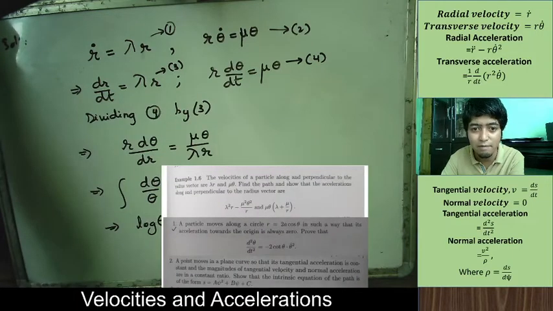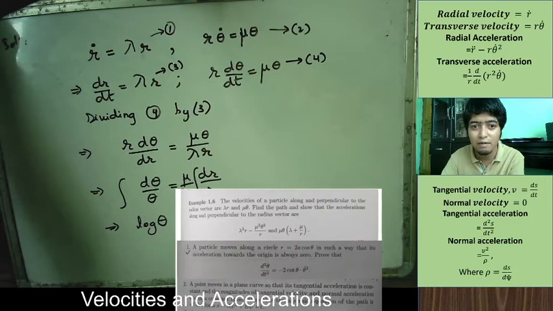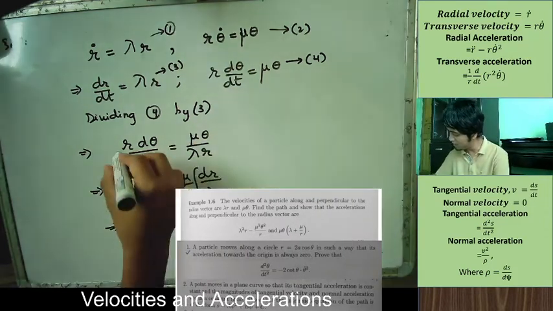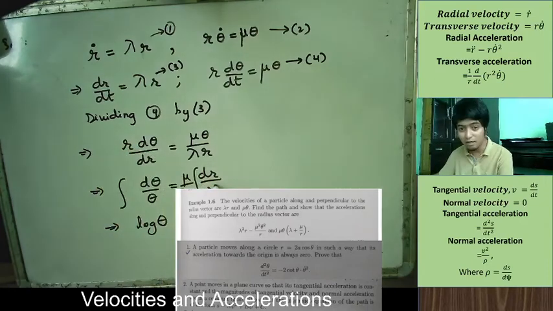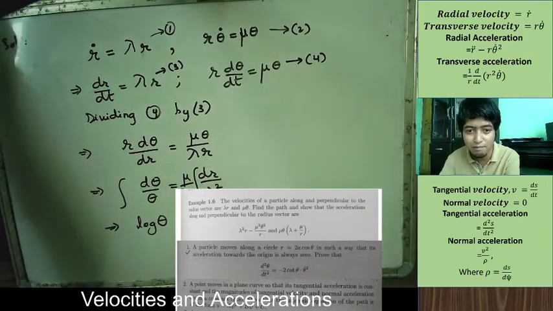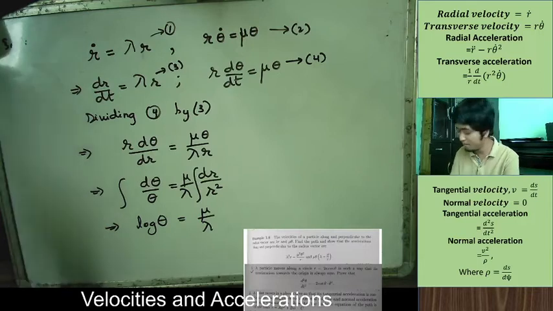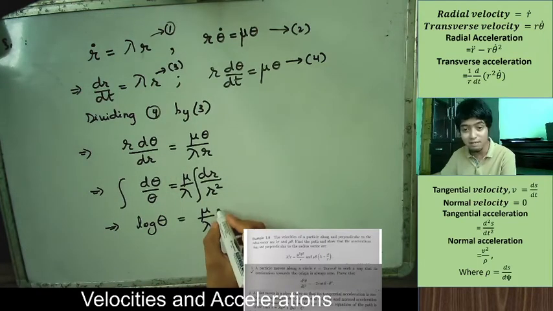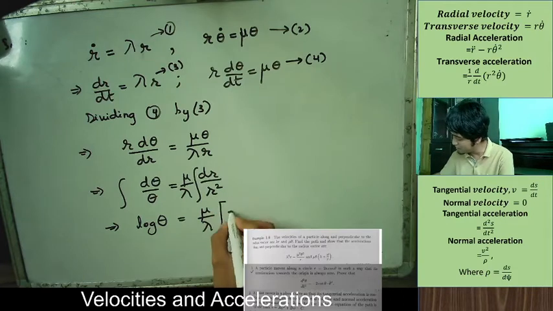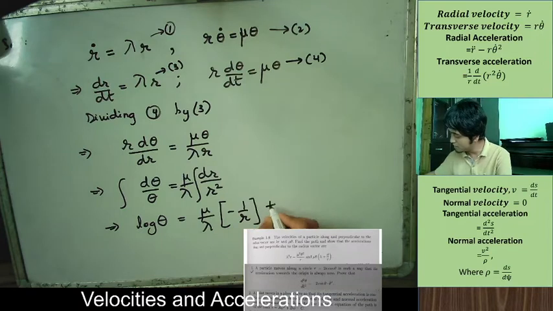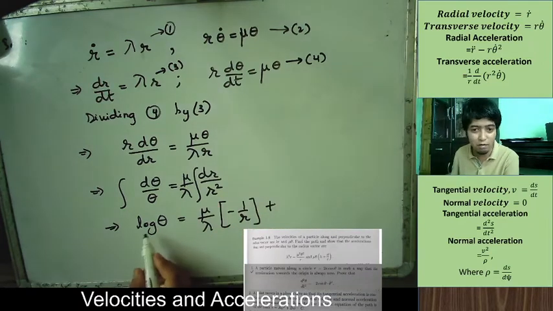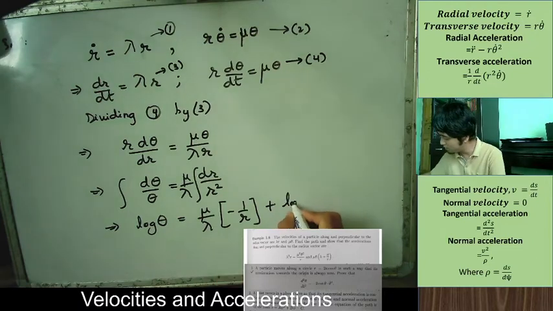Actually over here it will be r squared. I made a mistake, it should be r squared. Take a look, r and r will give you r squared. So if you integrate, this one will be minus 1 upon r plus a constant. The constant, you can keep it as c, or since we are having log over here, we can keep it as log c.